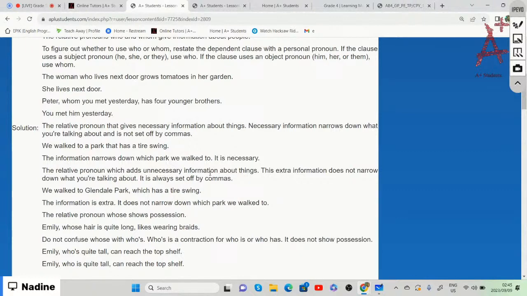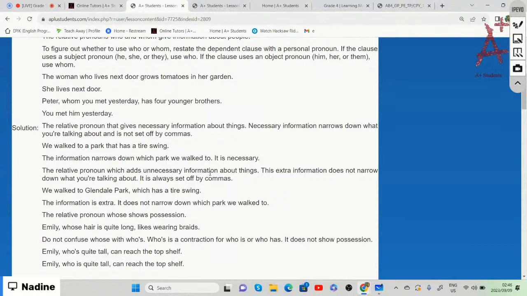Then we have the relative pronoun which, which adds unnecessary information about things. This extra information does not narrow down what you are talking about, so it is always set off by commas. We walked to Glendale Park, which has a tire swing.